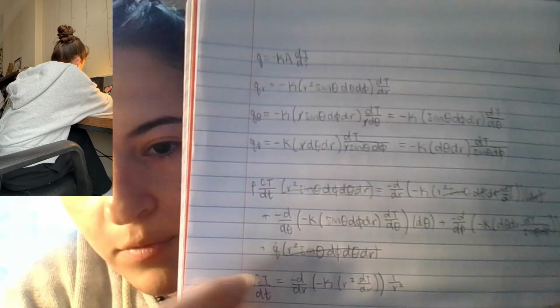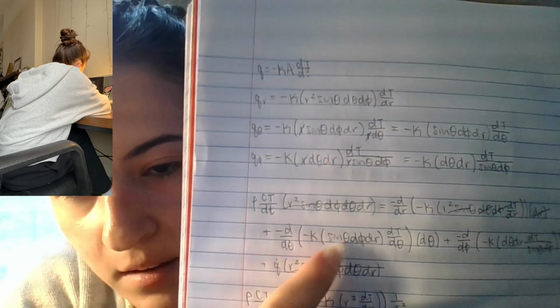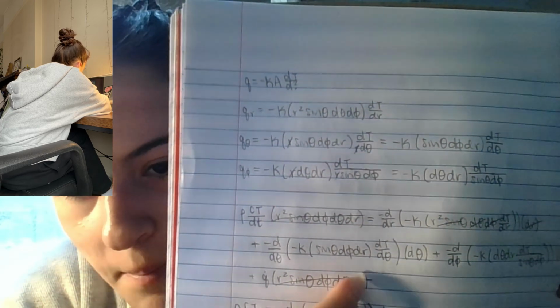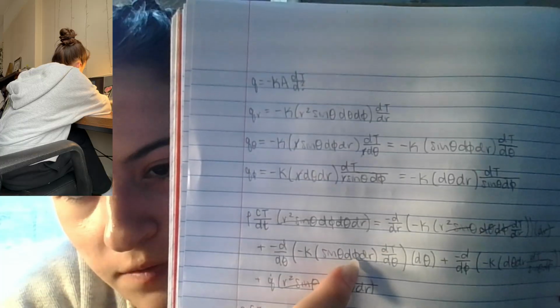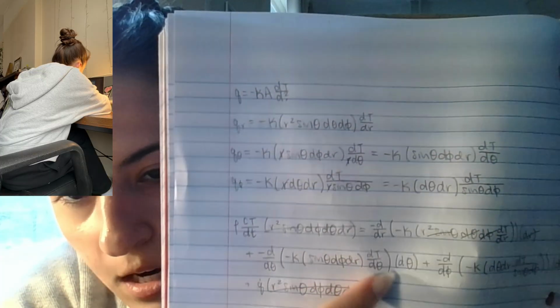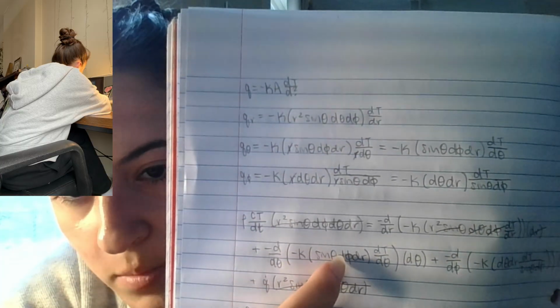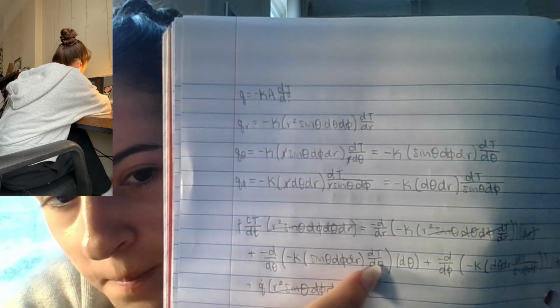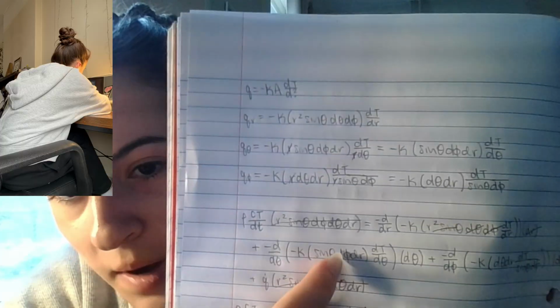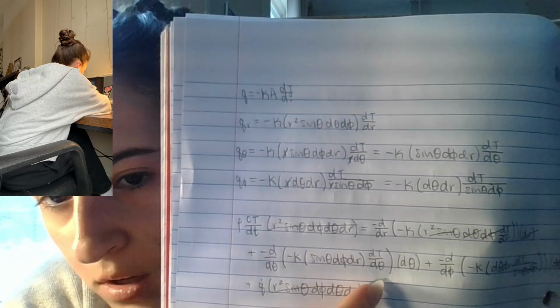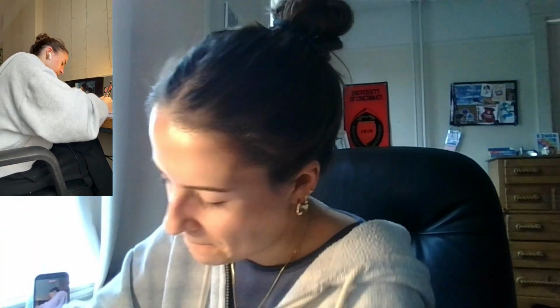So we'll see for the theta, this sine theta cannot be removed because of this d theta. But we can still remove the d phi, dr. So we'll have to divide by sine theta again, and then there's no r's here to cancel out, so it'll also have to be divided by r squared once again.